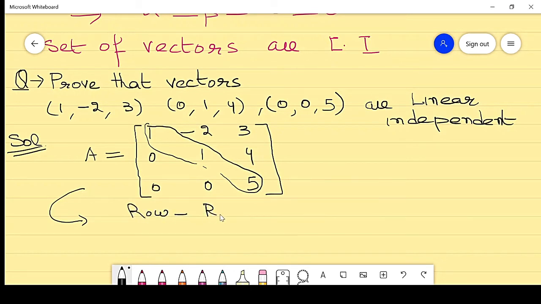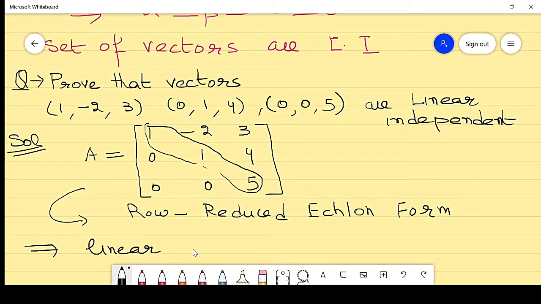So it means this matrix is in row reduced echelon form. Remember, row reduced echelon form. Also, its determinant is non-zero. If the determinant is non-zero, then these vectors are linear independent.